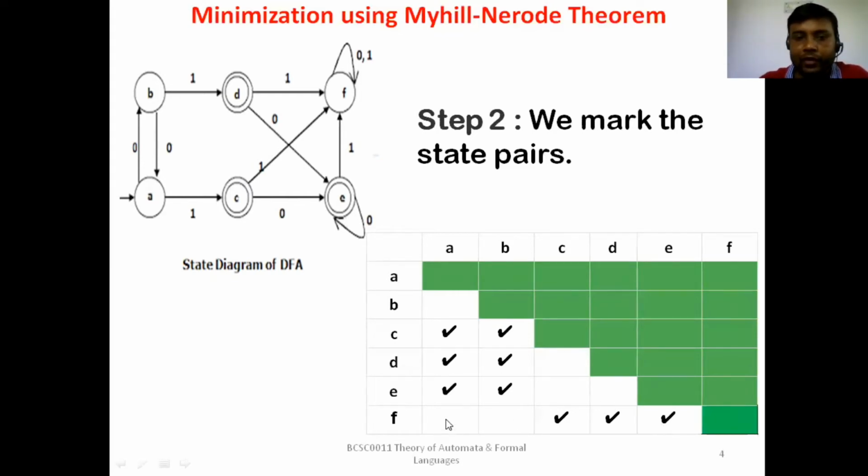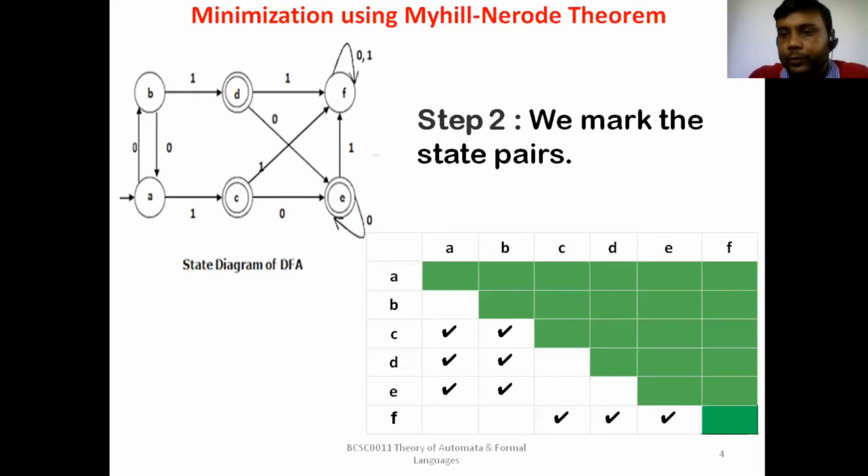In the same way, AF is not marked because A and F both are non-final states. And BF is also not marked because B and F both are non-final states.